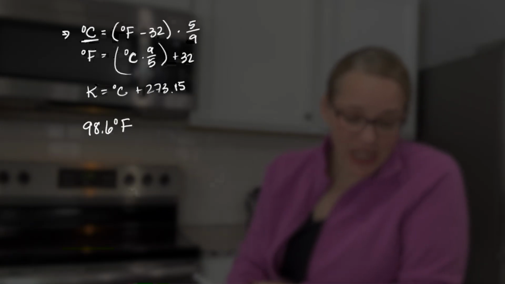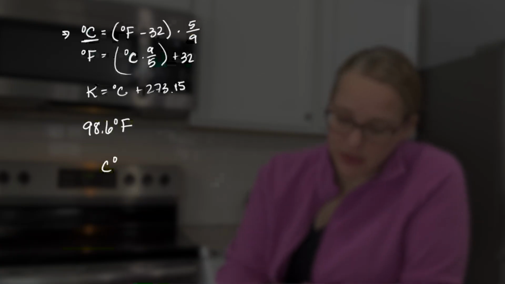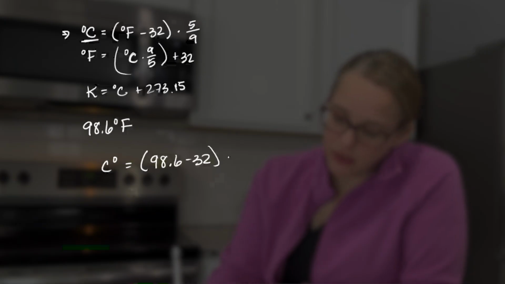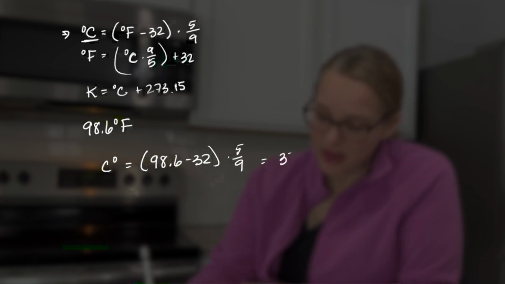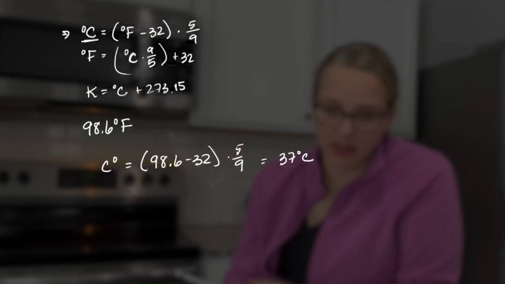So if we wanted to change that to Celsius, we would do exactly what we just did. Celsius equals 98.6 minus 32 times 5/9. See if you can figure that out on your calculator now that I showed you step by step how to do it. It's 37? Right. 37 degrees Celsius.